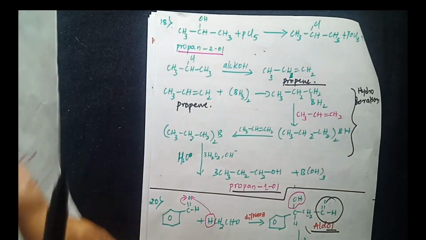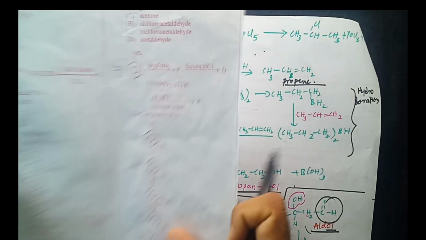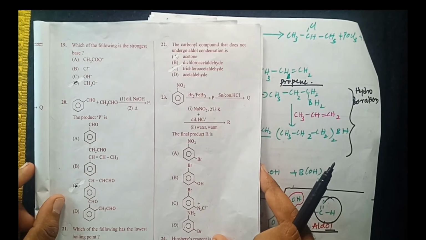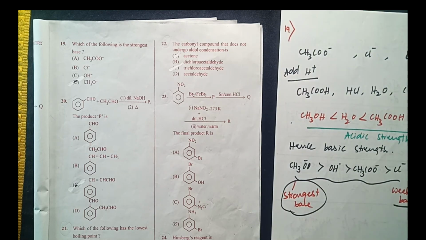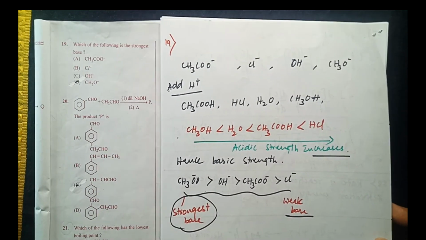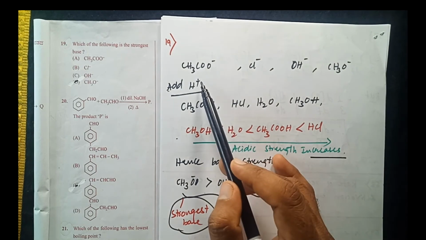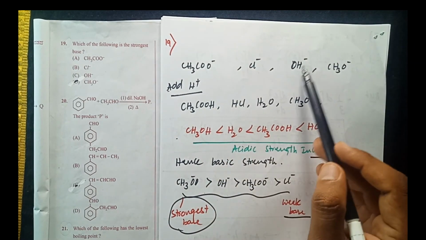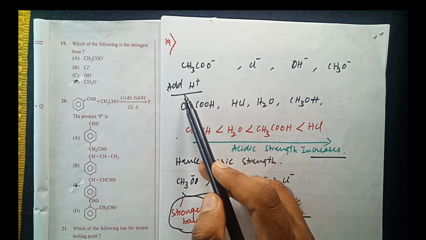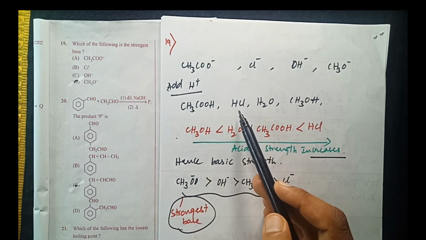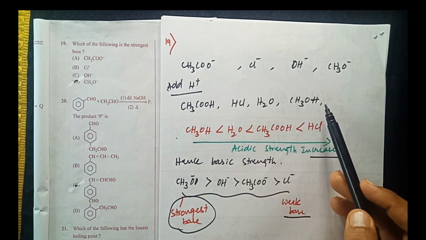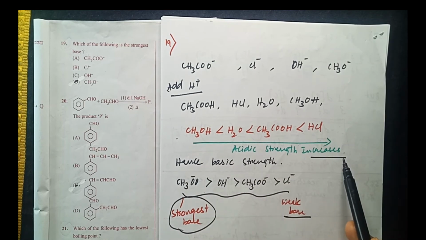Let's move on to the 19th question. Which of the following is the strongest base? The first one is CH3COO minus, second is Cl minus, third is OH minus, fourth is CH3O minus. Look here, friends, this is very important. Write this: CH3COO minus, Cl minus, OH minus, CH3O minus. Just add H plus ion, we get acetic acid, HCl, H2O, CH3OH. Arrange these in order of acidic strength.